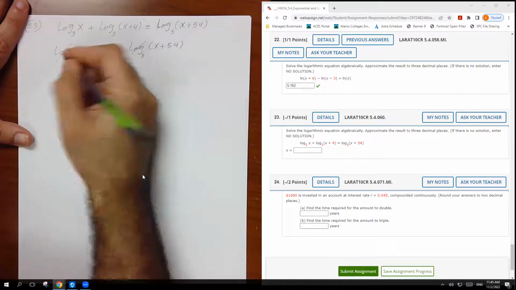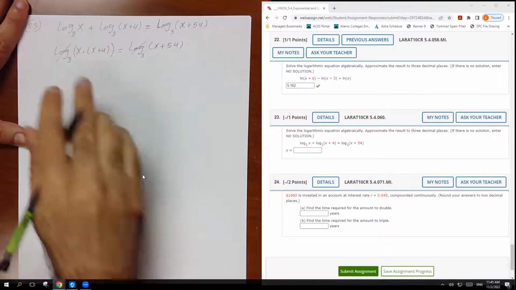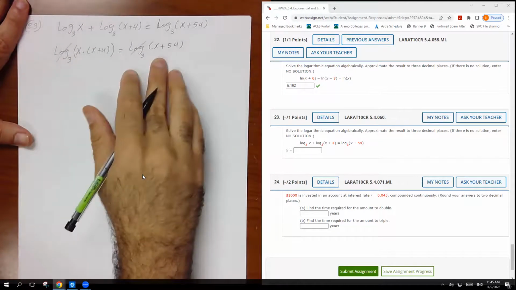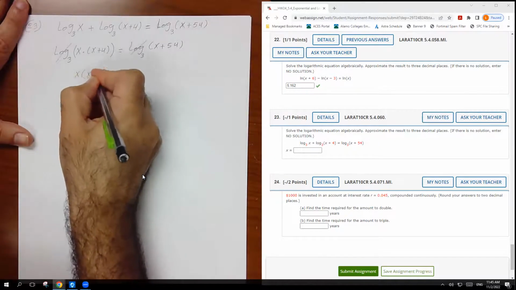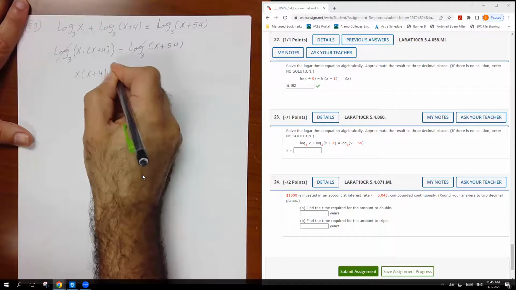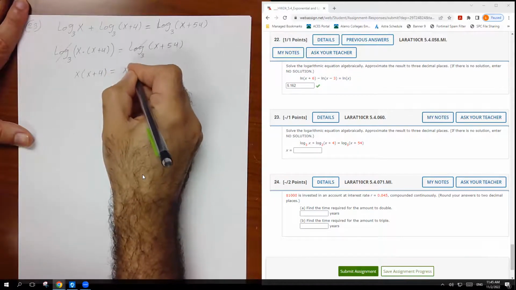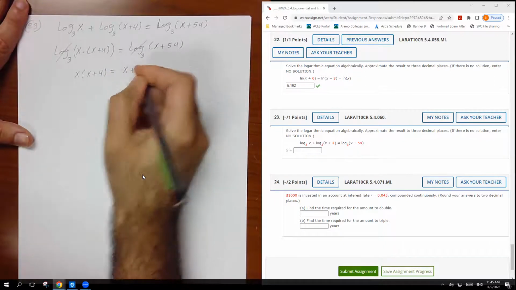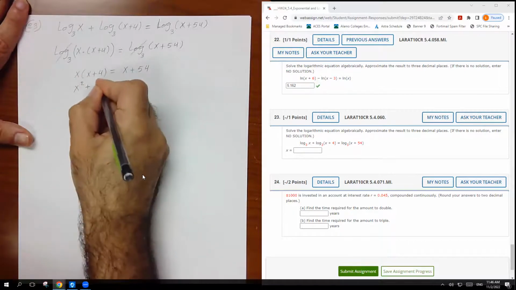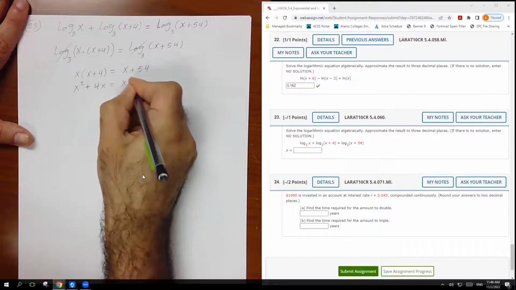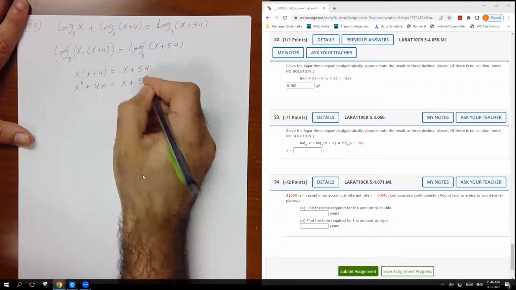Cancel the log from here and from here, because log x equals log y means x equals y. So it's going to be x plus 4 equals x plus 54. Distribute here, so it's going to be x squared plus 4x equals x plus 54.